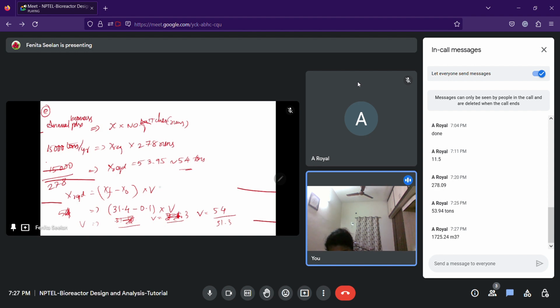So here the volume is in grams per liter. Fifty-four divided by, yes sir, it is 1720 something.